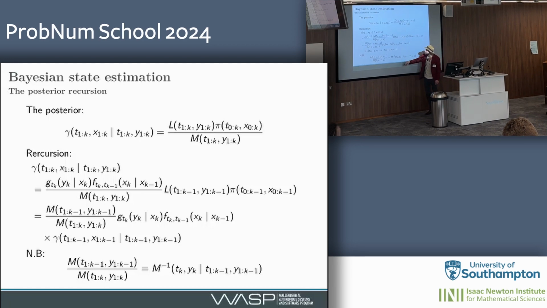This fraction of marginal likelihoods is, by Bayes' theorem, the one-step-ahead prediction of the measurements, or rather the reciprocal of it. So it's 1 over p of y_k given y_1 through y_{k-1}.